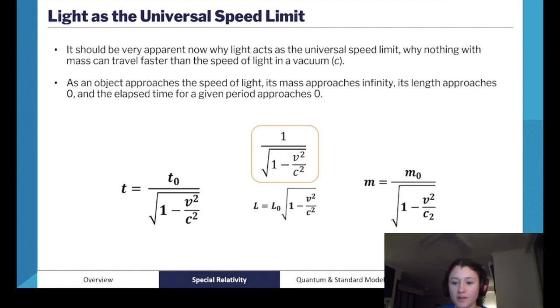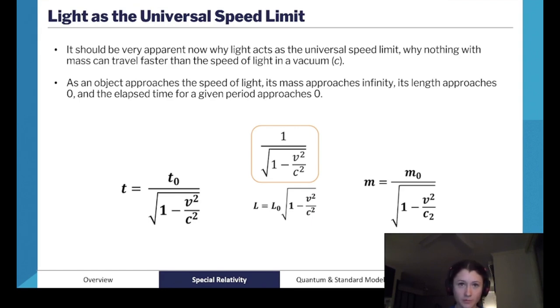Alright, now getting on to light as the universal speed limit. It should be clear now why light acts as the universal speed limit, and why nothing with mass can travel faster than the speed of light in a vacuum.